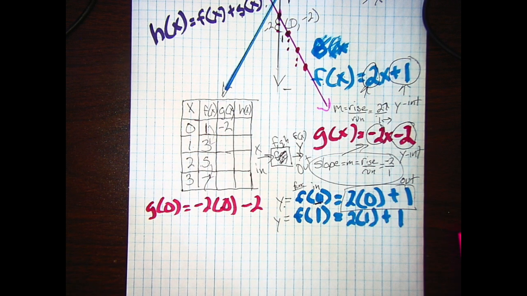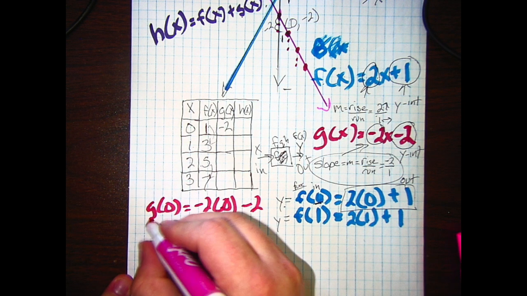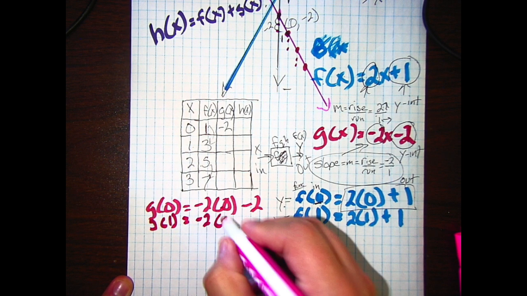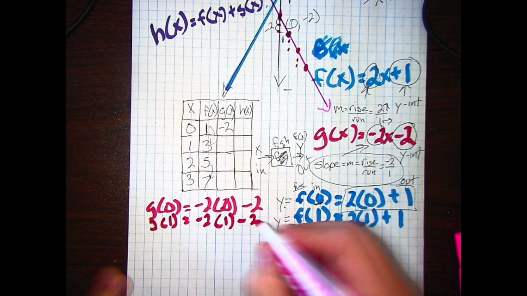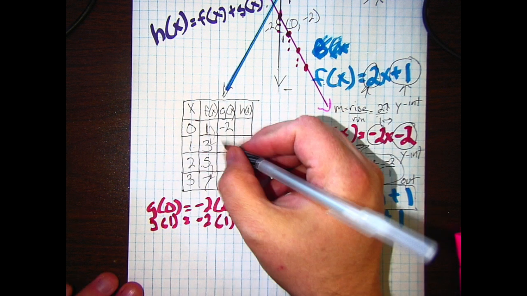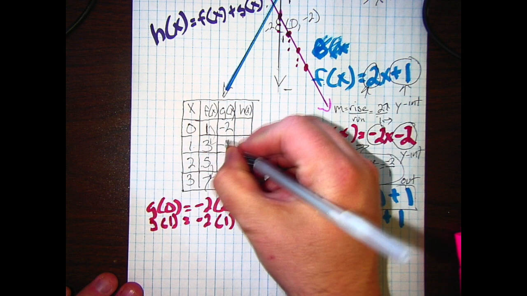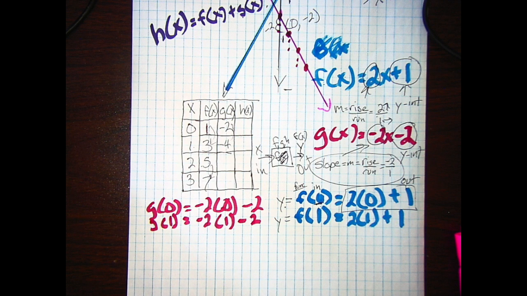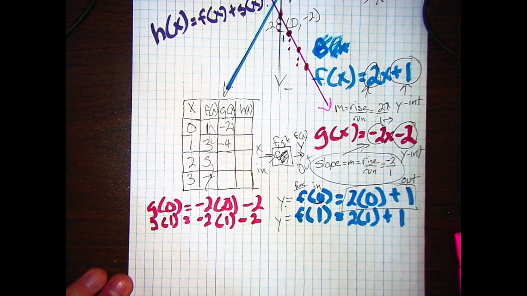Okay, cool. Now let's do that again for 1. If I say g of 1, I get -2 times 1 minus 2. What's -2 times 1? -2. Plus -2, you get -4. What are we doing here? Adding -2, or subtracting 2.